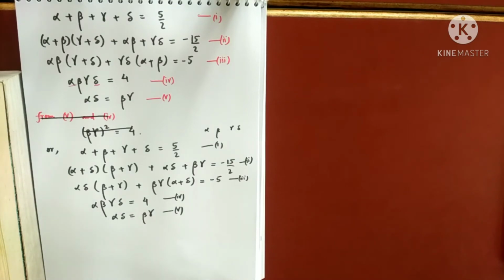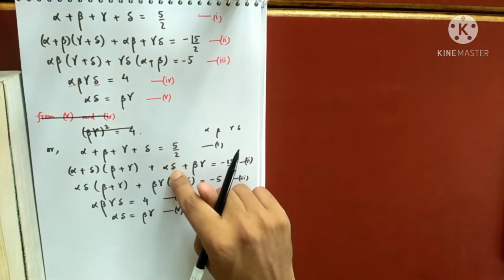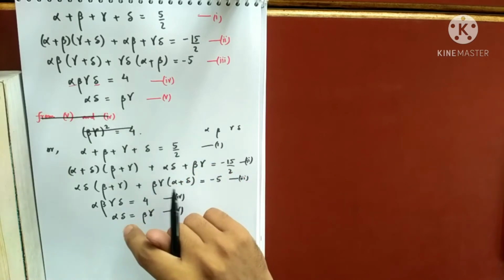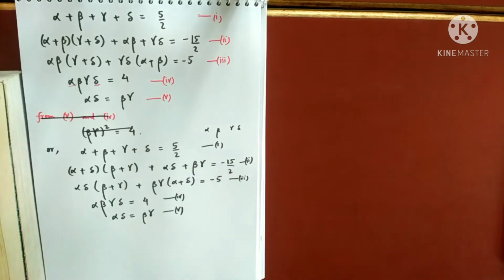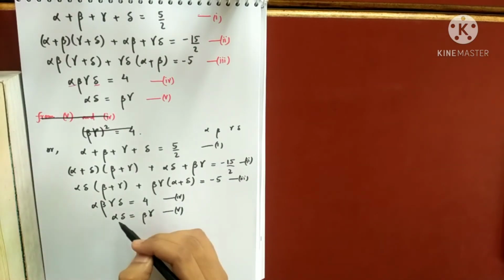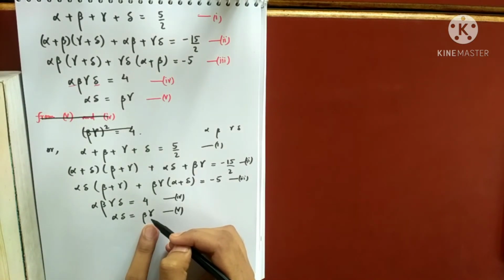Instead of beta gamma, you put here alpha delta. Because alpha delta is the same as beta gamma, try to understand this.